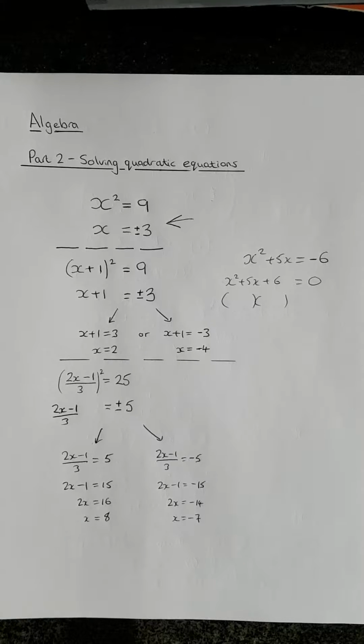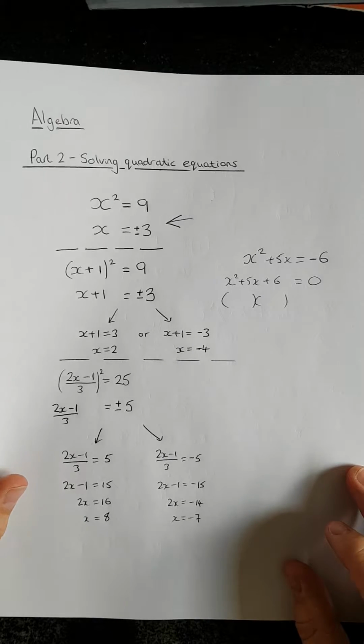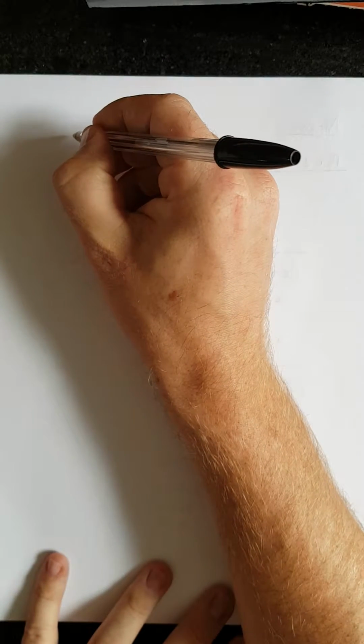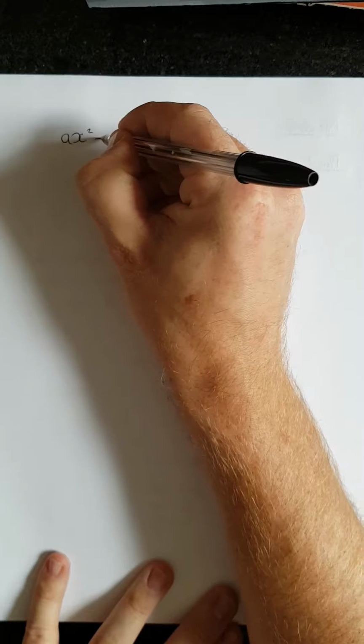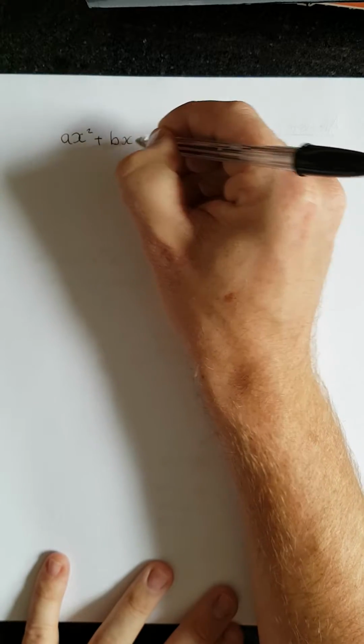I wonder if I can always get a quadratic equation into that format. Well, let's have a look at that, shall we? Let's take the general quadratic equation and try and make it into something like that. Here is the general quadratic expression.